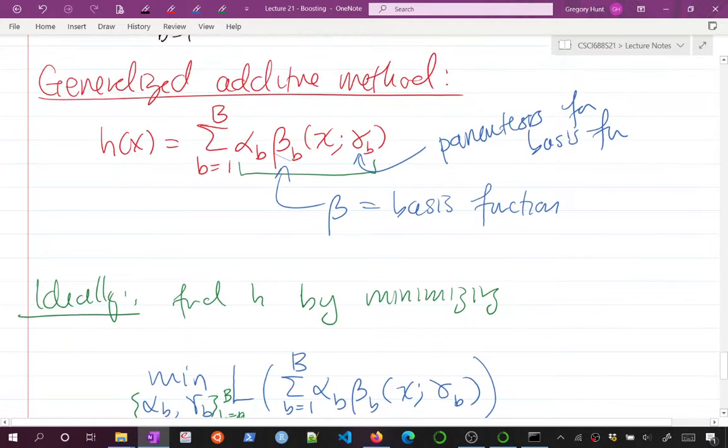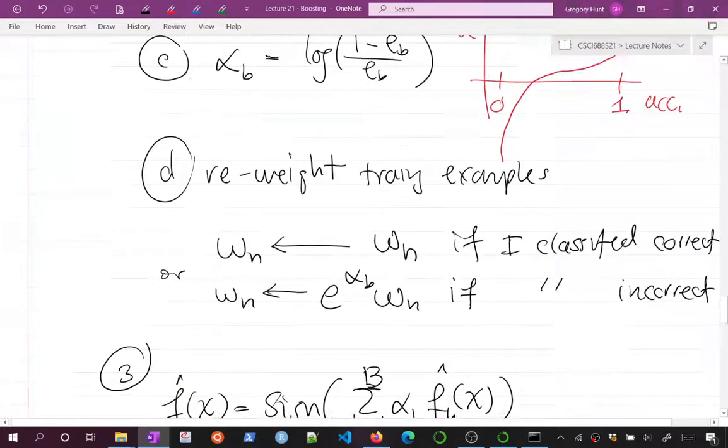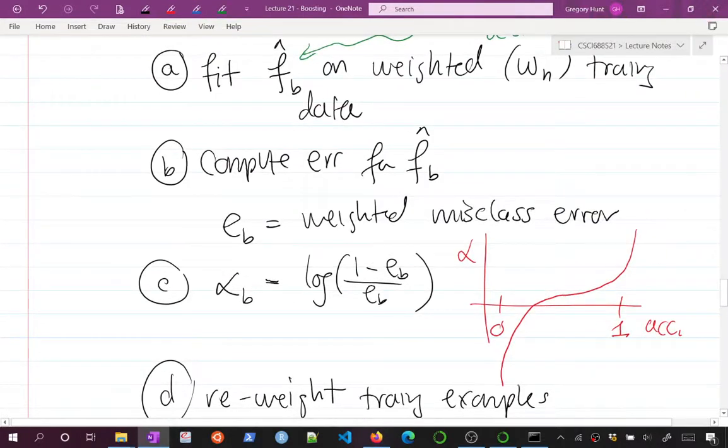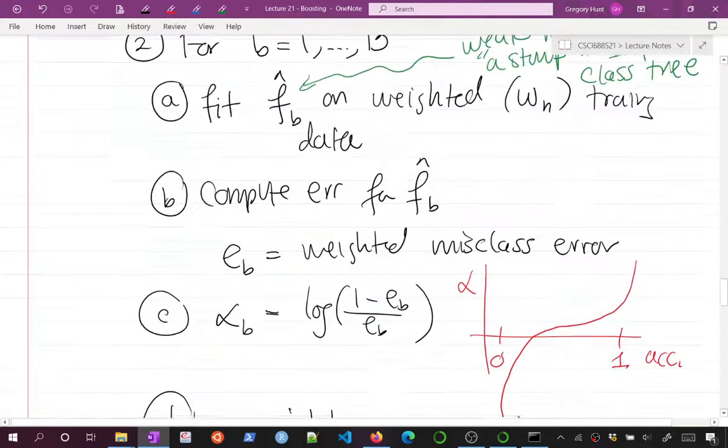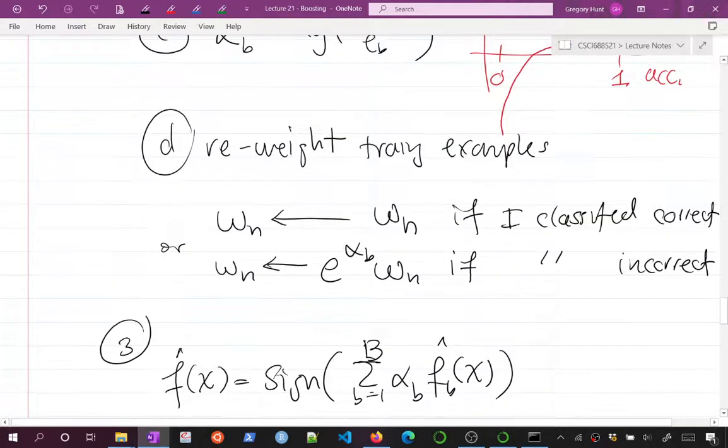But the basic idea is that you can view a boosted method as fitting some kind of additive model. If you go back up to our Adaboost, it's doing it iteratively: it's fitting, then reweighting, then fitting, then reweighting.